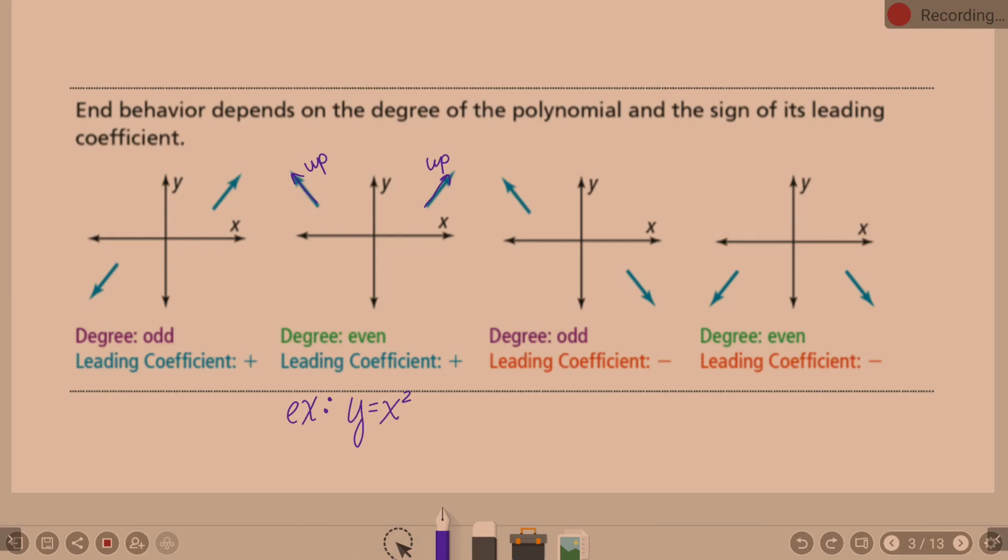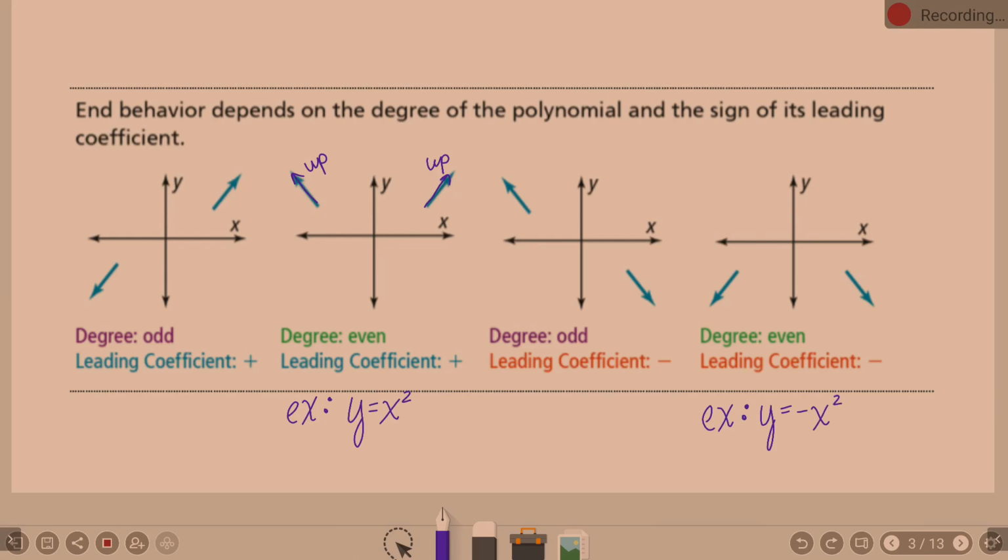Now, what changes if I say y equals negative x squared? My parabola that was up is going down. Now, that's an example. Okay, so now I'm over here at the fourth example, right? That's an example of, again, any even degree, but this time a negative lead coefficient.